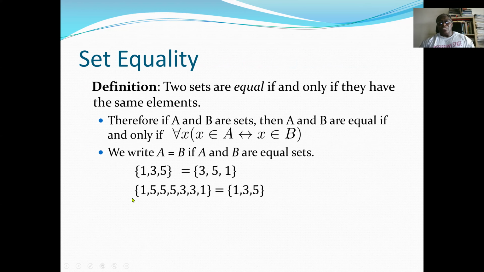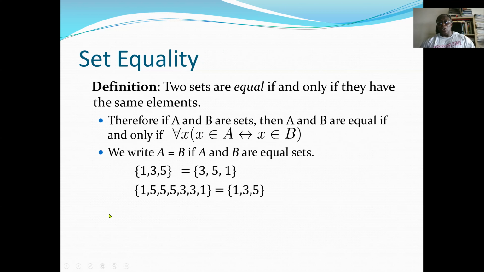We also have set equality. If we have 2 sets, how do we determine if the 2 sets are equal? It means if the elements in both sets are the same, then the sets are equal.